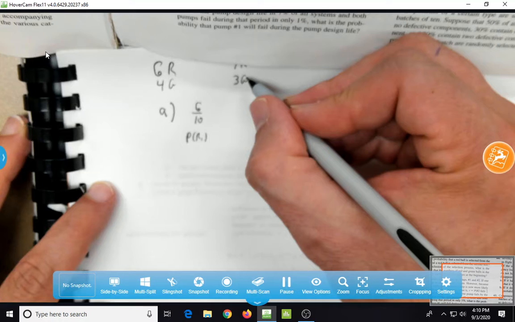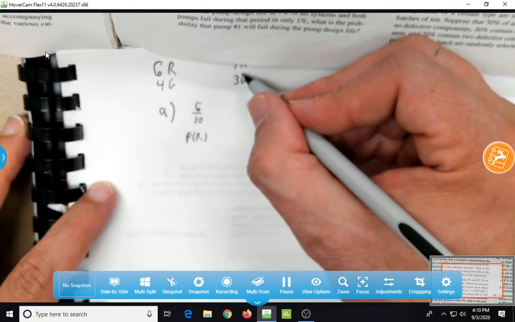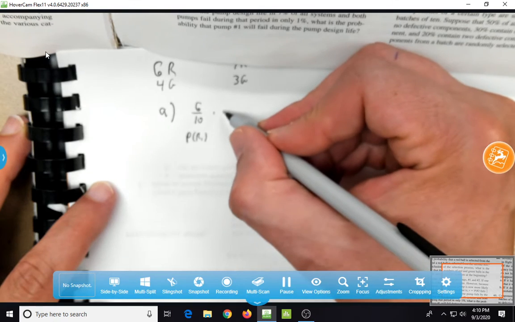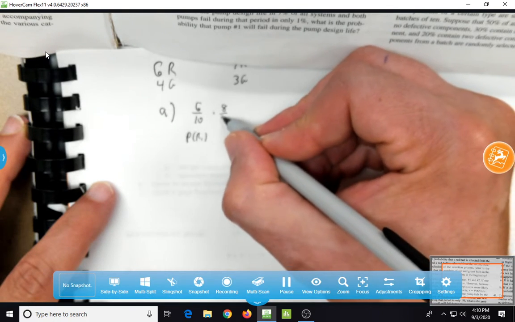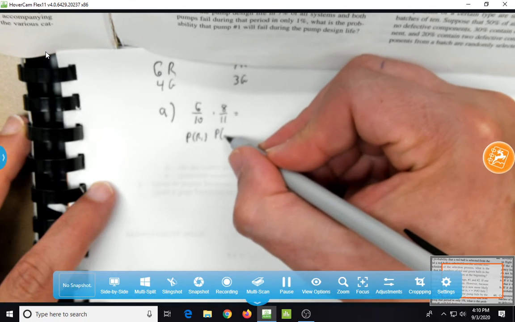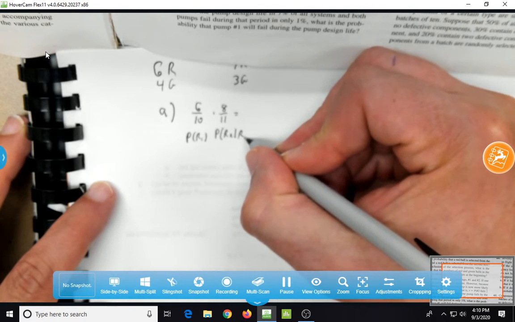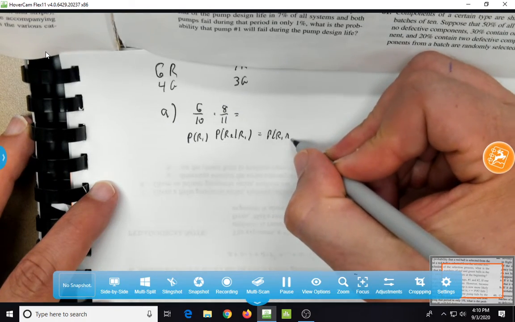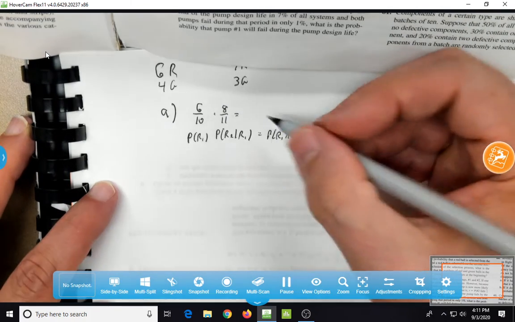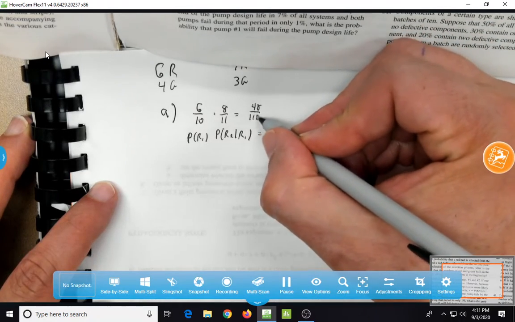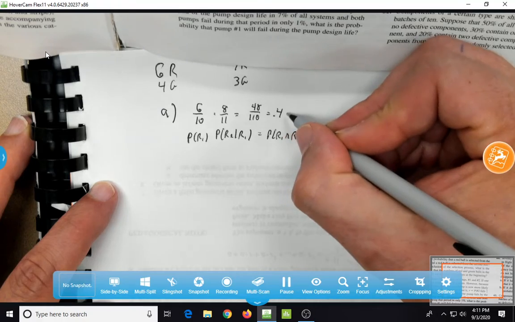But then when I put this ball over here, now I have 8 reds out of 11 total. So I would have an 8/11 chance of picking red again. So this would be the probability of red 2 given red 1. And this is the probability that I get both of them being red, so I get 48 out of 110, which is 0.436.